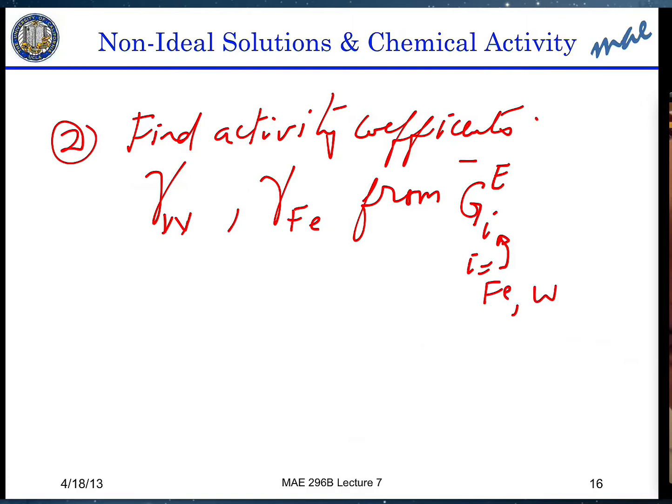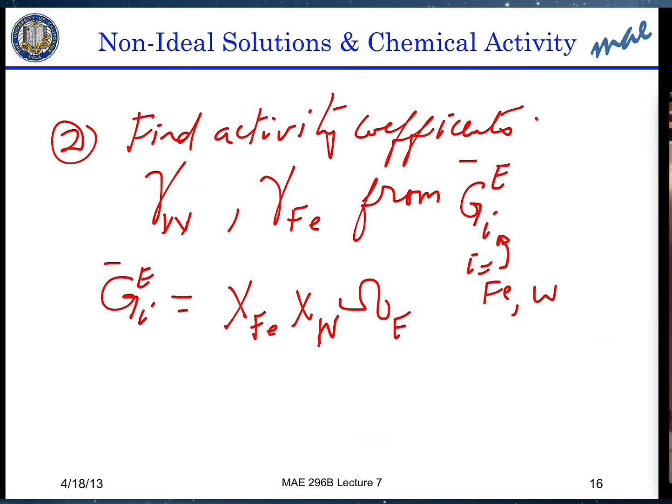And the excess Gibbs free energy partial molar is, as I mentioned, written as a polynomial of x of tungsten, x of iron, and this x iron, x tungsten, times an interaction function between the tungsten and the iron.